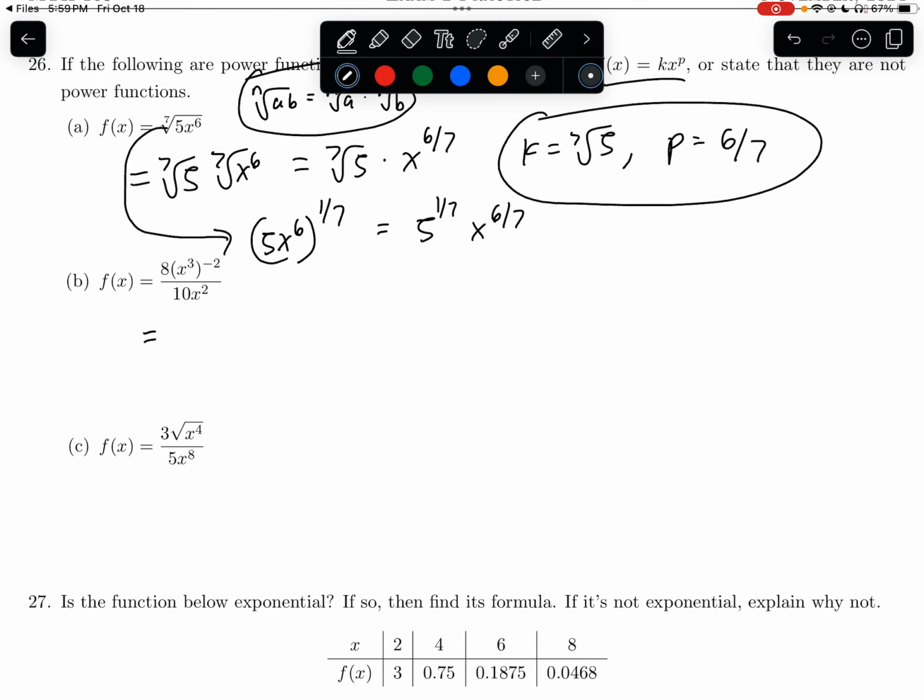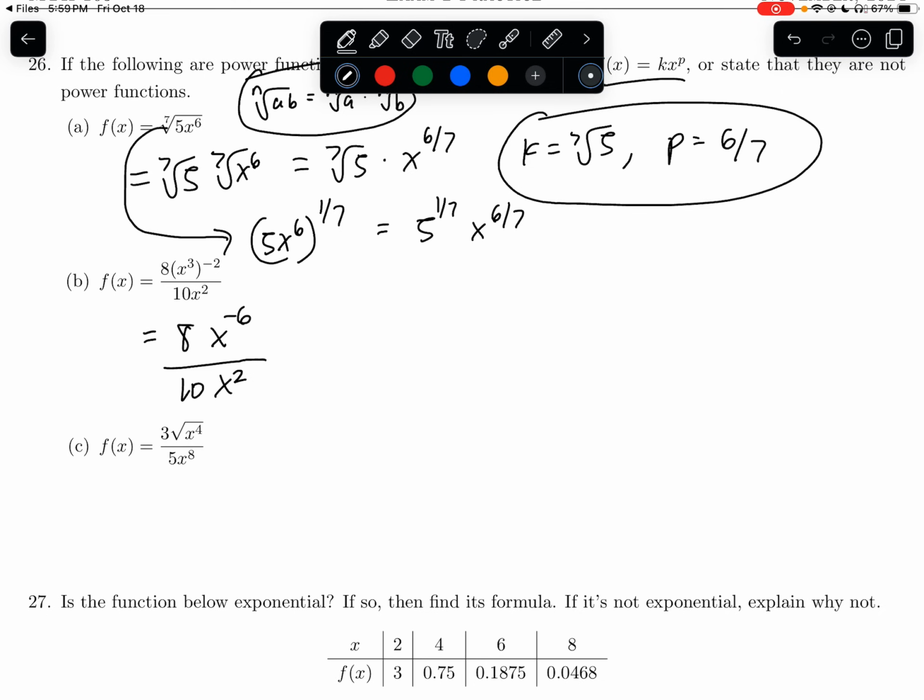Here we need to distribute the -2 power onto the x cubed. You cannot just start working with these powers directly because the parentheses are indicating you're exponentiating, which is before multiplication and division. So we need to do 8 times x, I'll just do it here. We're raising to the power, and so 3 times -2 is -6, over 10x squared.